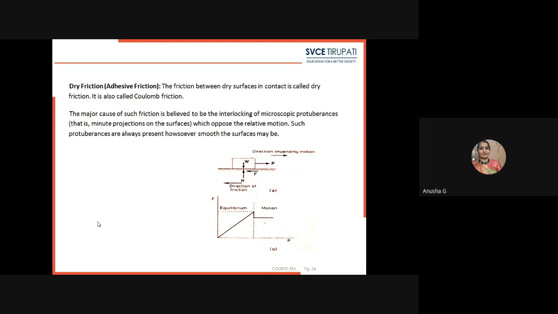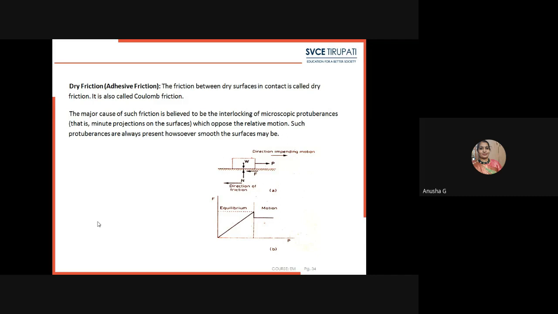That type of condition is called dry friction. The major cause of such friction is believed to be the interlocking of microscopic protuberances, the minute projections of the surfaces which oppose the relative motion. Such protuberances are present, however smooth the surface may be. This is called dry friction.